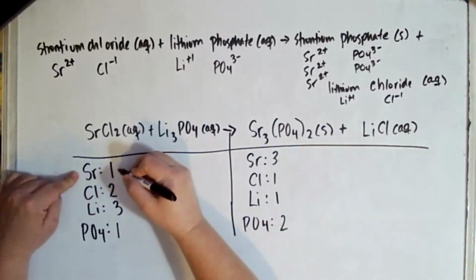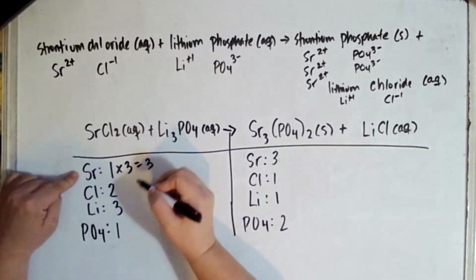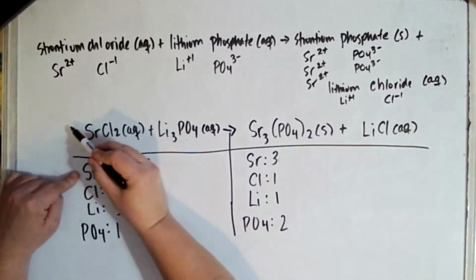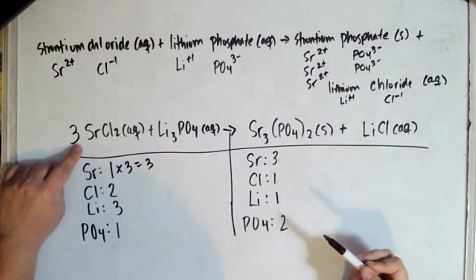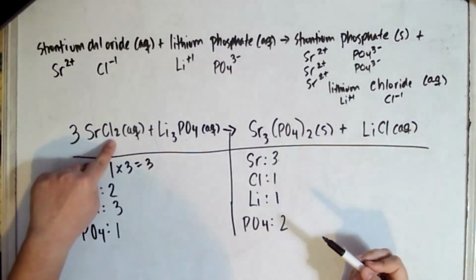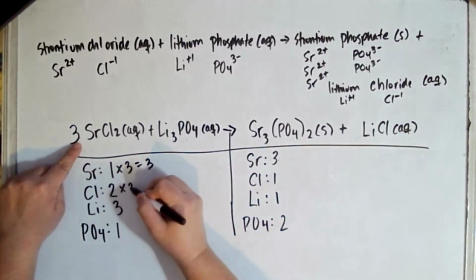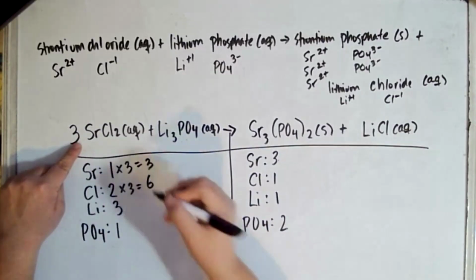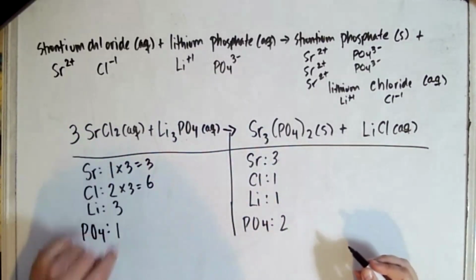So I know that on my reactant side, I'm going to have to multiply that strontium by 3. And so I'm going to put that 3 out in front of my compound that has strontium in it. But that also means I have to multiply my 2 chlorine by 3 as well. So I'm going to have 6 chlorines on my reactant side, not just 2.